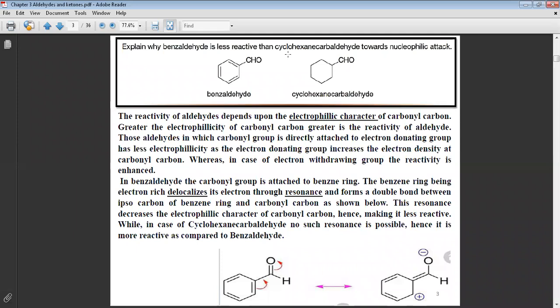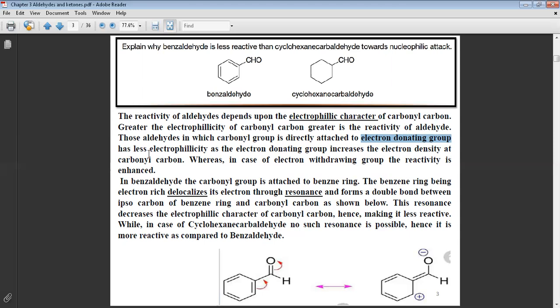Now, those aldehydes in which the carbonyl group is directly attached to an electron donating group. That means this is an electron donating group, and also this is an electron donating group, but this by induction, this by resonance.